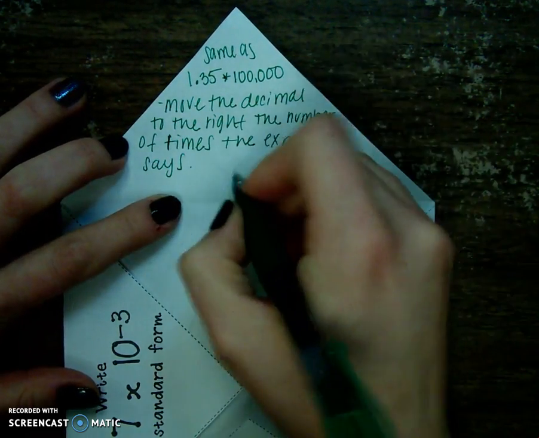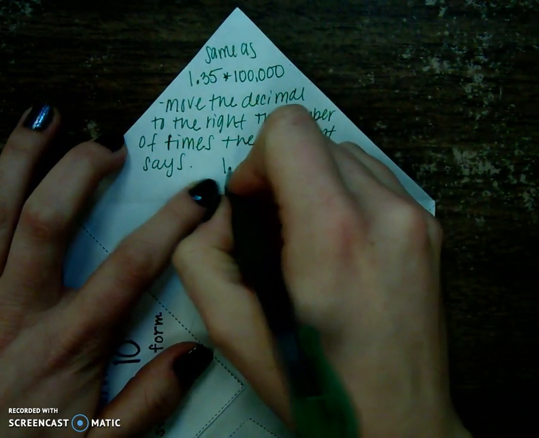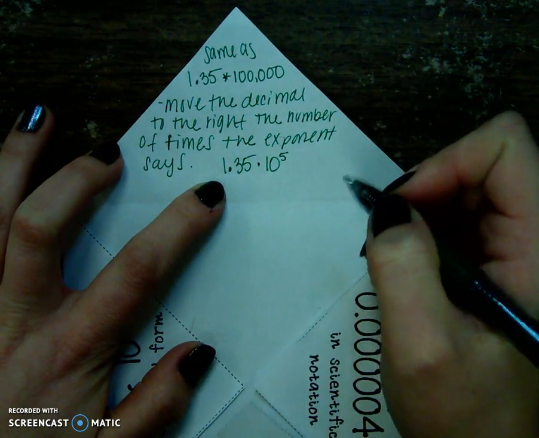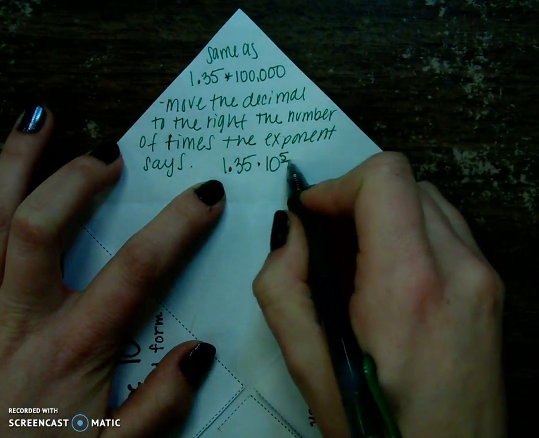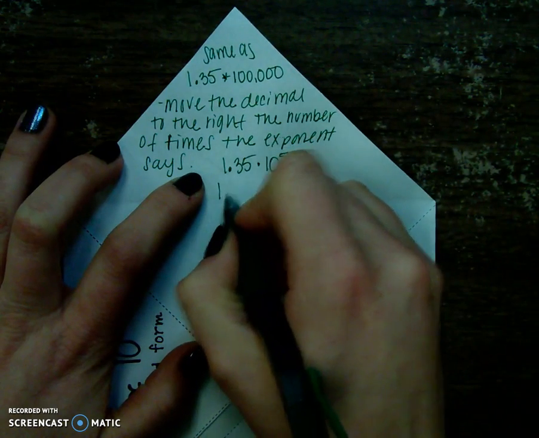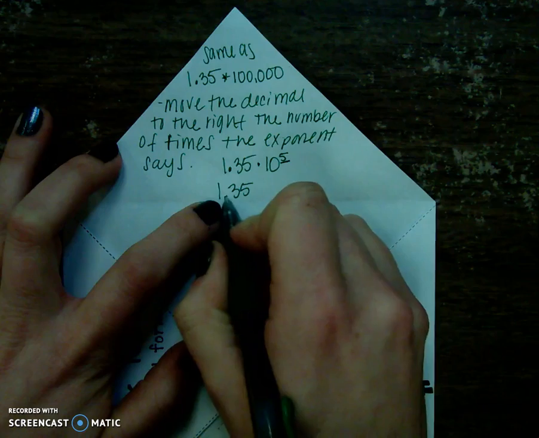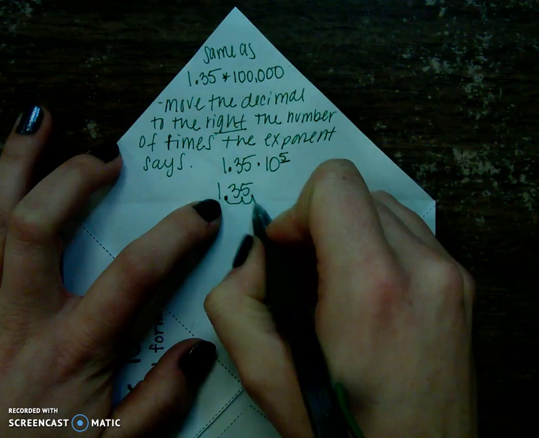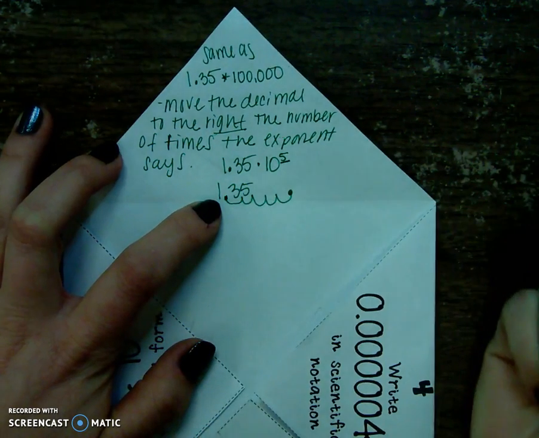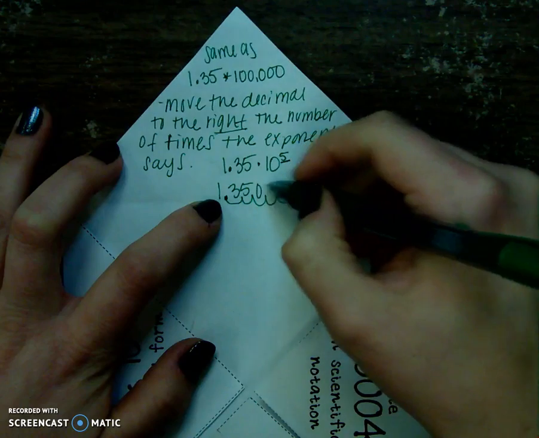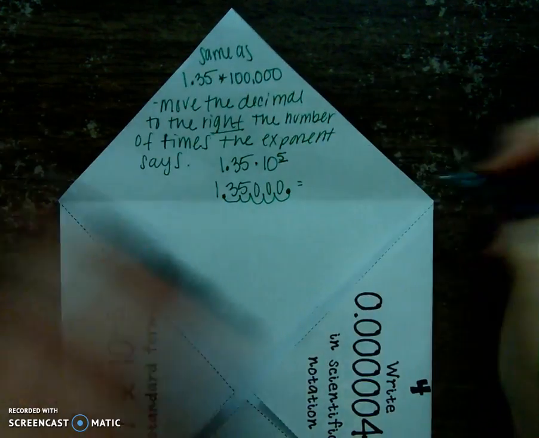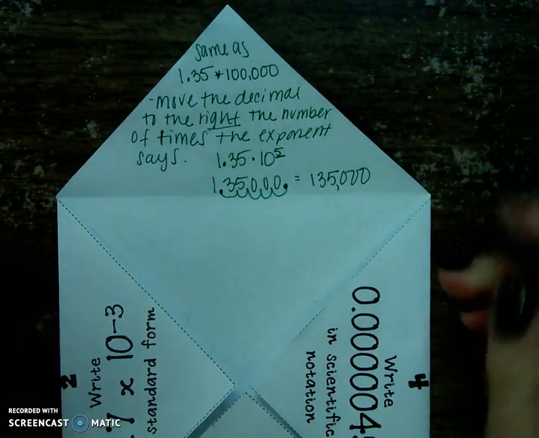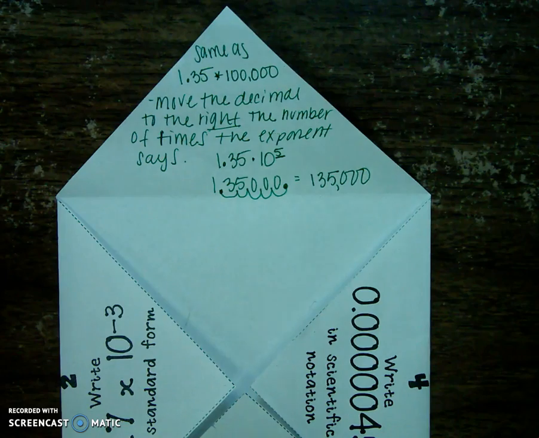So it was 1.35 times 10 to the 5th power. How many times am I going to move the decimal? 5. So I'm actually going to go from the decimal point to the right, because it's a positive exponent, 5 spaces. 1, 2, 3, 4, and 5. And then what am I going to do inside those swoops is fill in your zeros and rewrite your answer. 135,000. Okay.